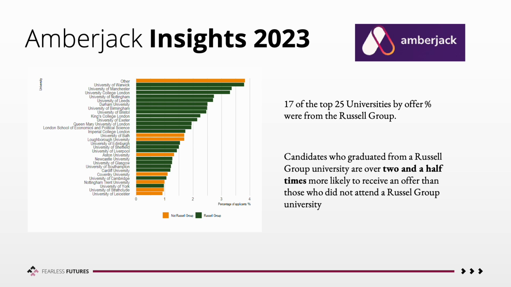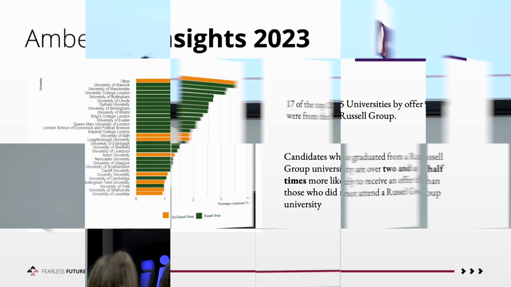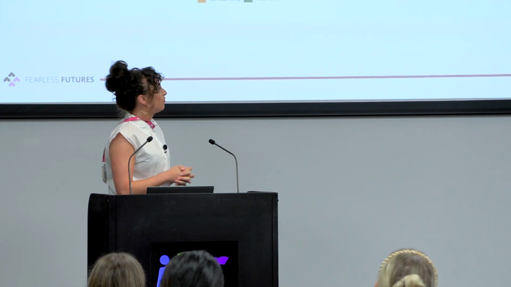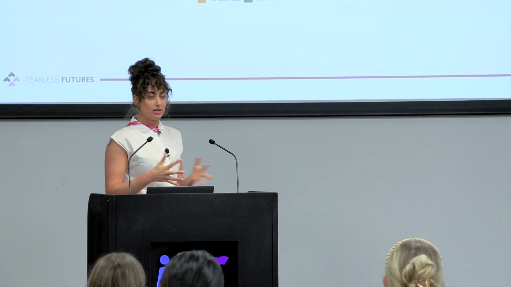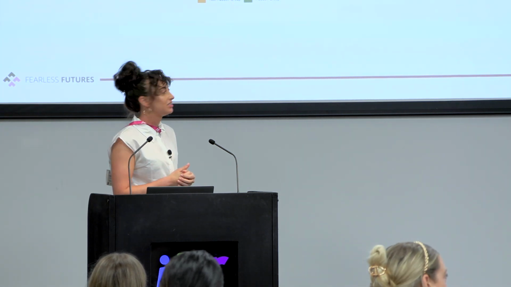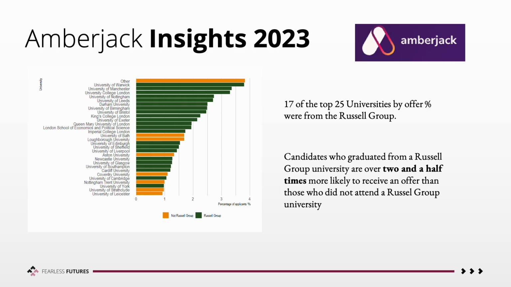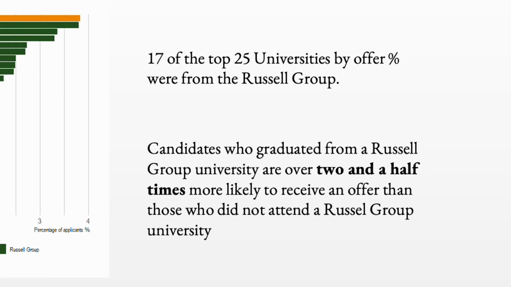So what you're seeing on the left-hand side is the outcomes for candidates of different university backgrounds. When we looked at offer rates by university alone, we found, sadly, unsurprisingly, and quite consistently year on year, that Russell Group candidates continue to come out on top.